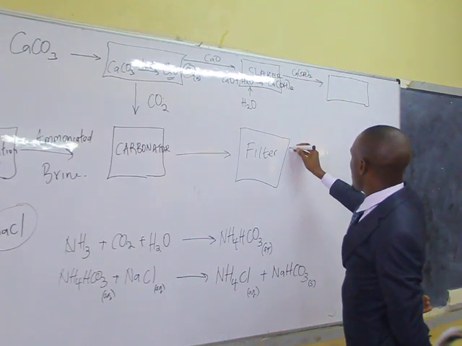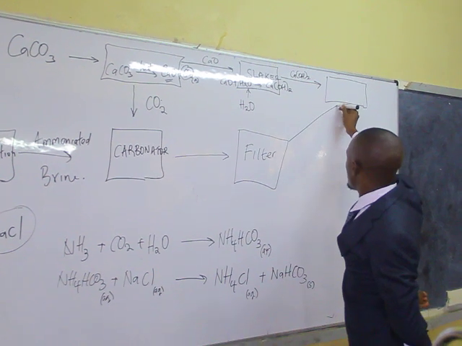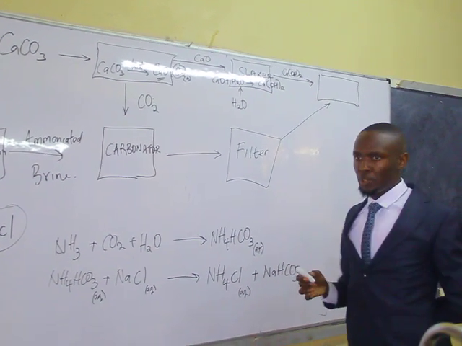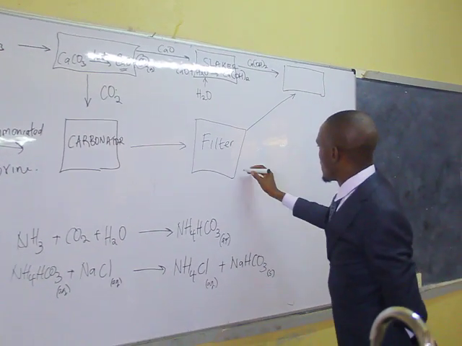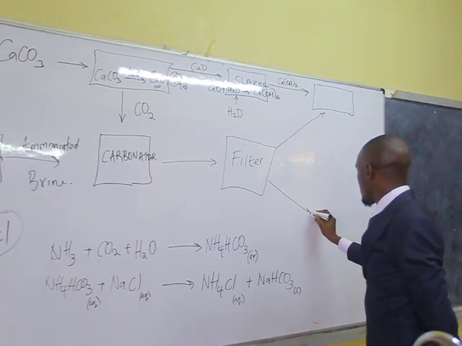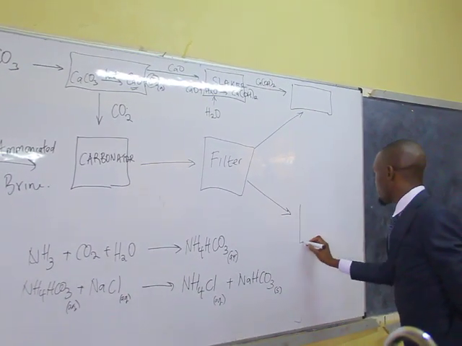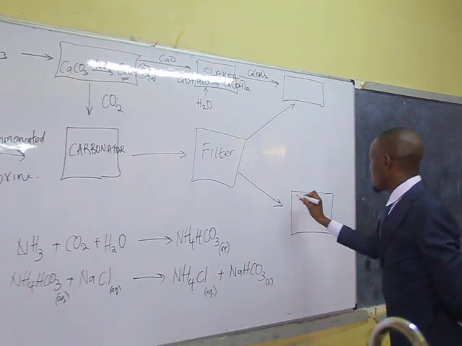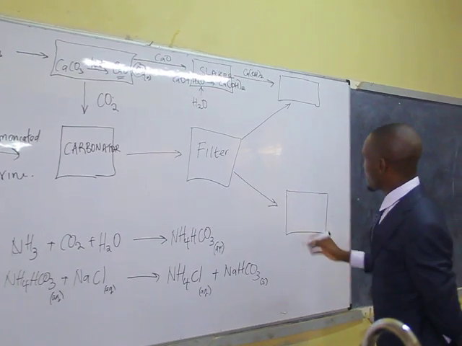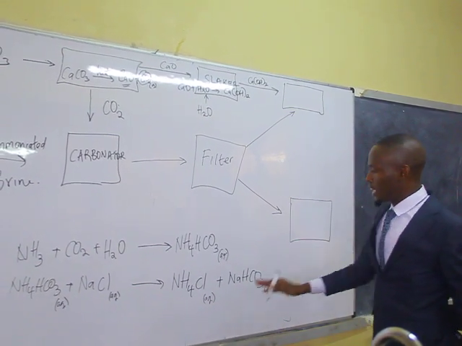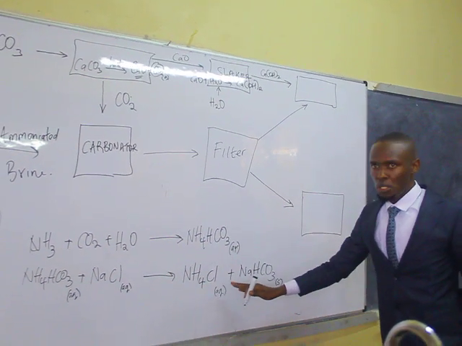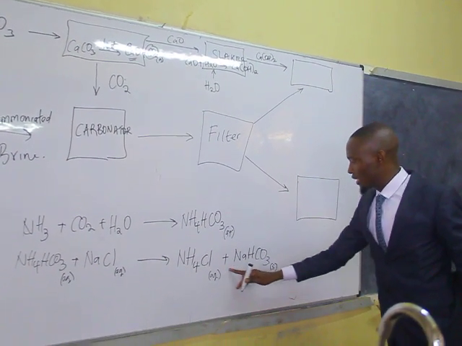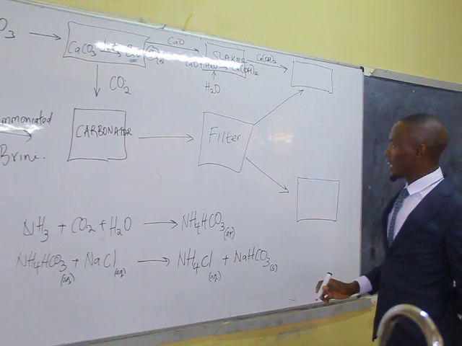One of the products goes to this chamber here, and the next product is taken to another chamber, where we are going to heat. We cannot heat an aqueous solution, but we will heat sodium hydrogen carbonate.